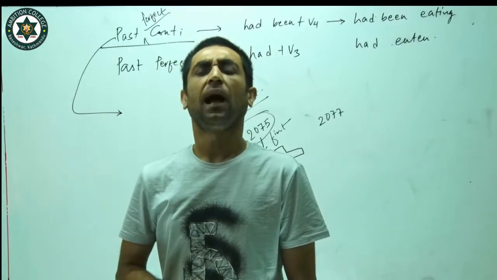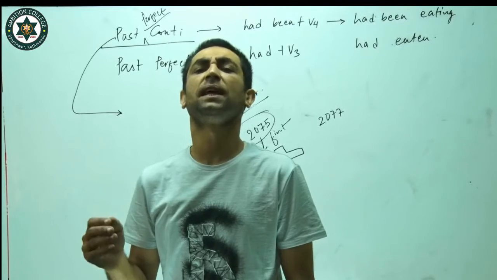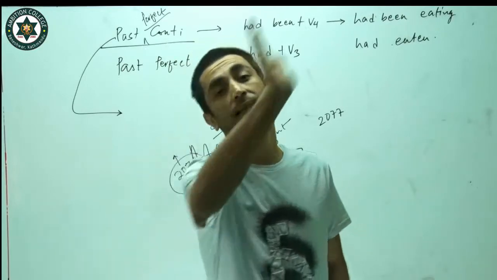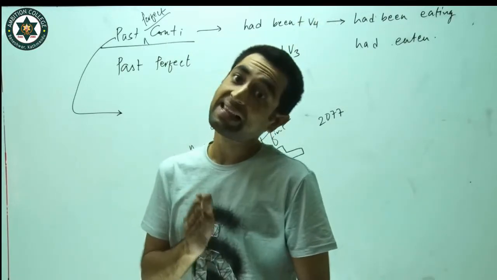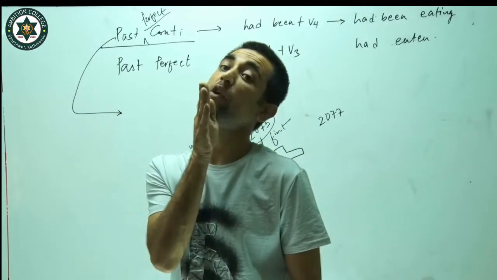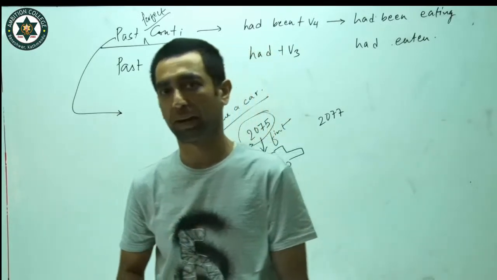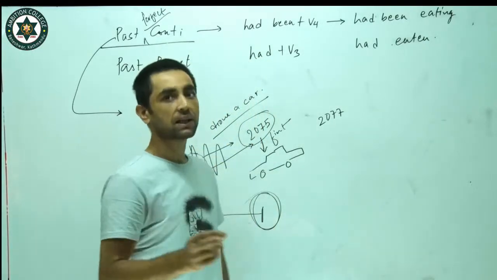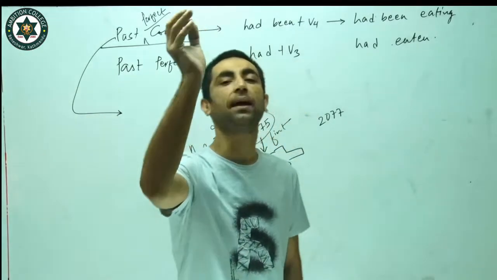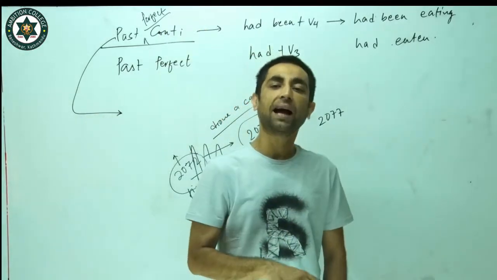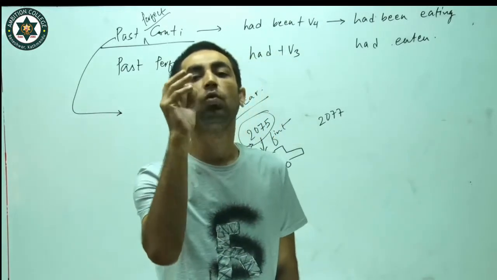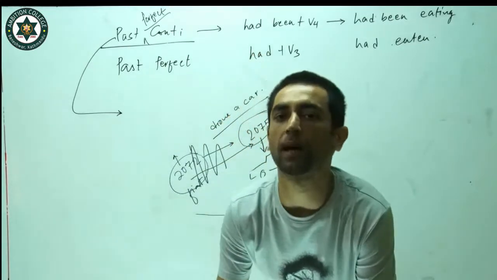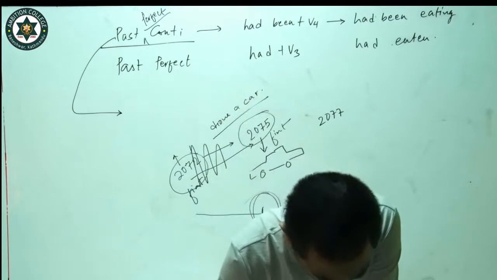There people had been busy in jatras. Now people are busy in Jatra since the immemorial time. And they were busy till the moment of time I observed them. So to talk about such a thing which was continuous till the moment of time you observed, till the time you were the witness, those type of things are talked using the past perfect continuous structure.